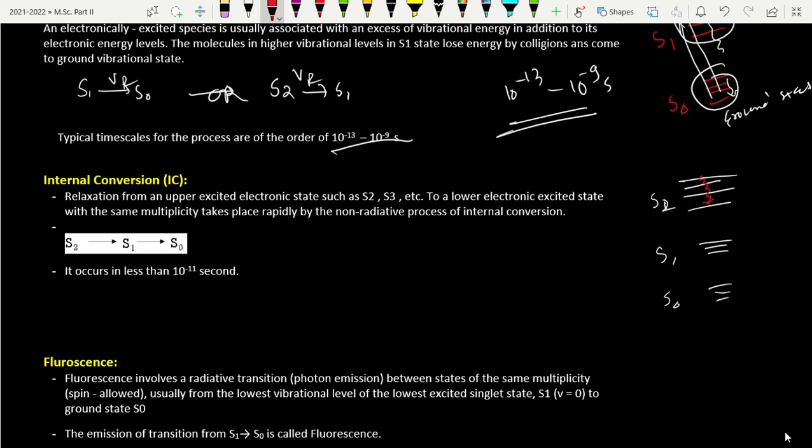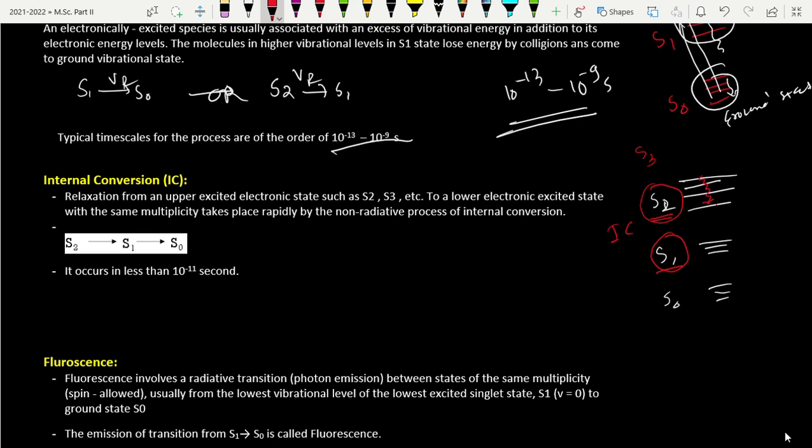The relaxation from an upper excited state such as S2, sometimes there may be S3 and so on, to a lower electronic excited state such as S1 of the same multiplicity takes place rapidly by the non-radiative process of internal conversion. So internal conversion means the transition of the electron from a higher excited state to a lower excited state.